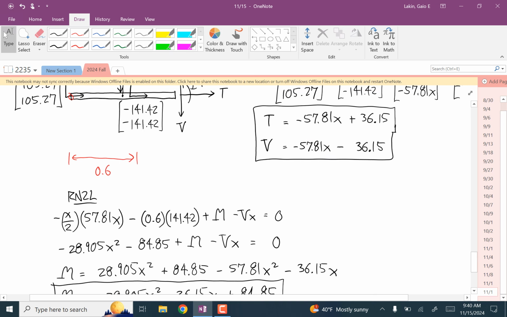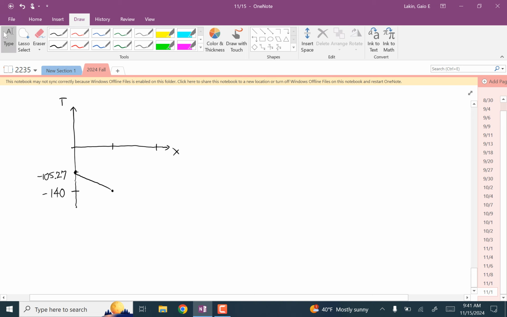And then for the second cut, we start at basically 0. This is probably round-off error. I'm just going to call it 0.